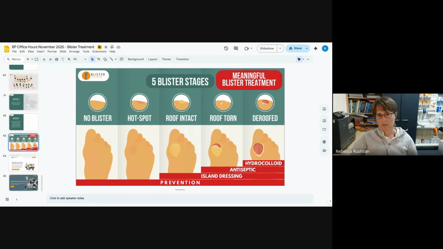There's no need to wait until we get a blister. Just get the best prevention in place and take that blister out of the equation. It will just make the biggest difference to people. People don't really understand that this is possible. So this is the education that stands to really make the biggest impact on their active lifestyles.